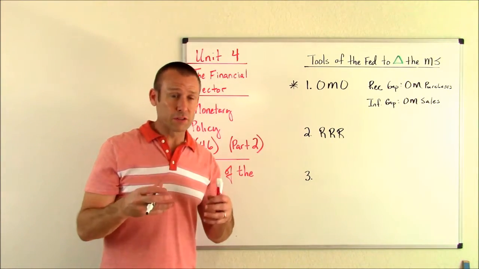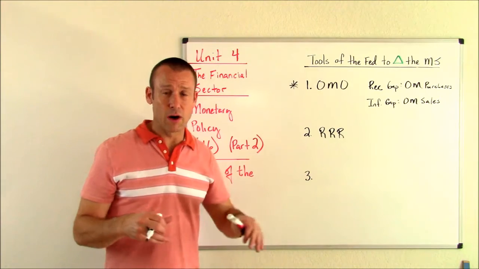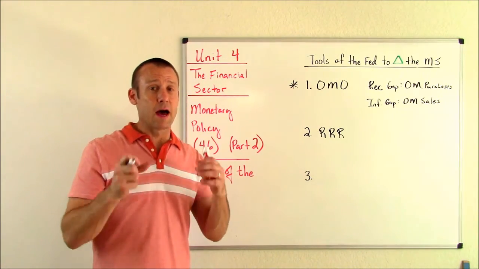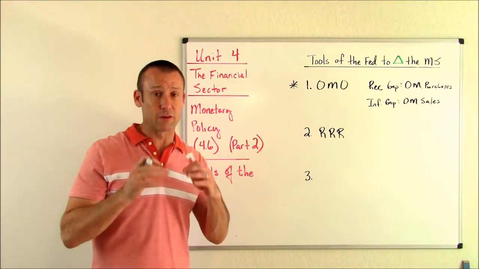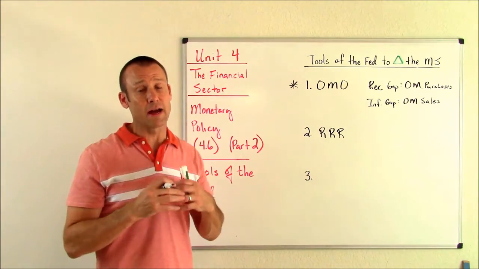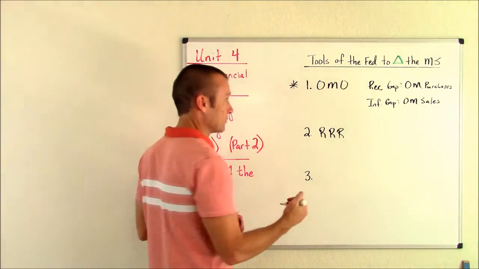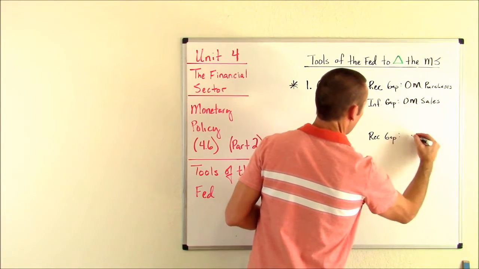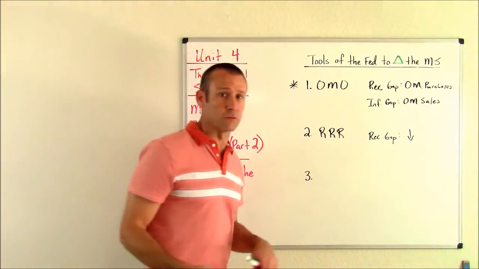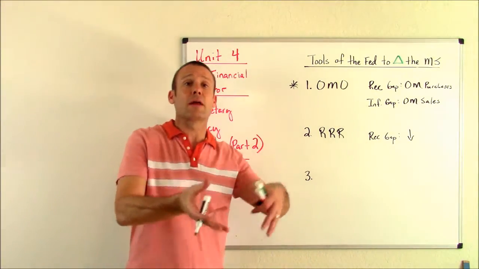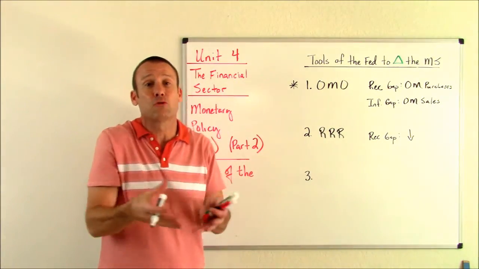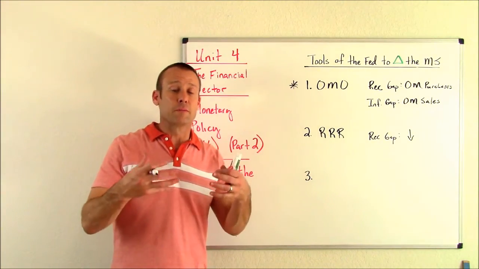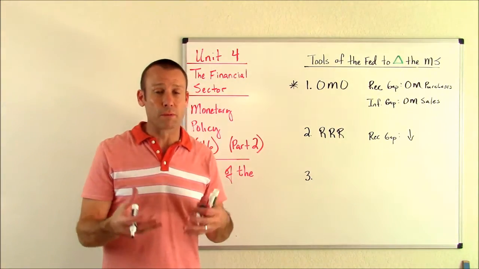So, if we're in a recession, what would they do to the required reserve ratio? Again, in a recession, they want more spending. How are they going to stimulate more spending? They're going to try to get more lending, so they're going to lower the required reserve ratio. In a recessionary gap, they will lower it. They'll say you can lend out a larger percent. You're only required to hold on to, let's say, 5%, some lower percent than what it was.